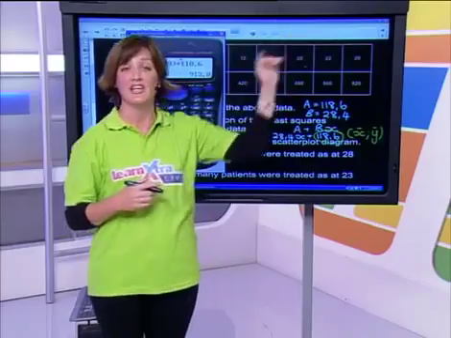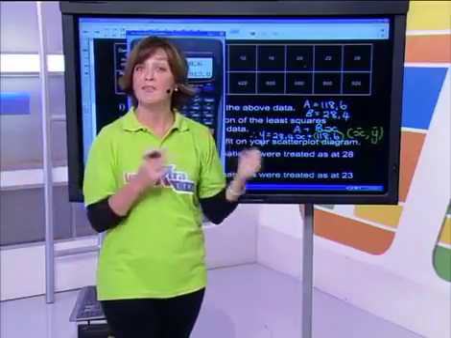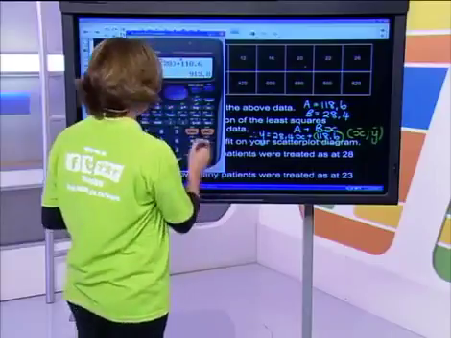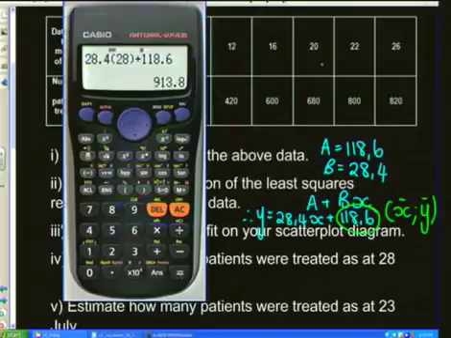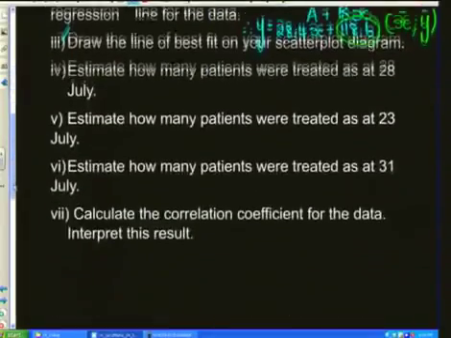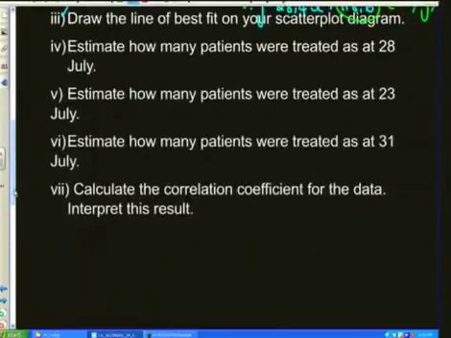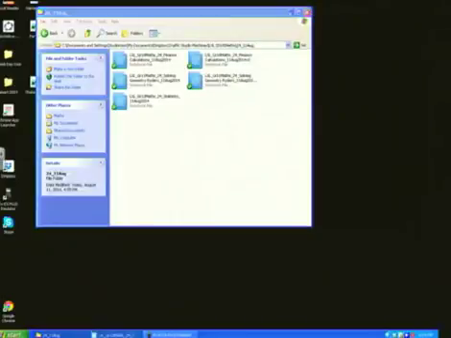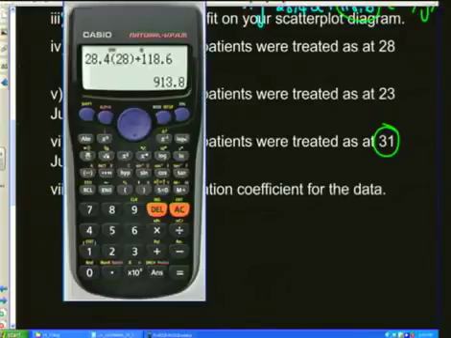As the dates in July are getting further and further on, the number of people who are suffering from flu is getting higher and higher. So there's a positive correlation there. The next date we were looking for was the 31st of July. And I'm sure you guys will agree that by looking at our trend, we're guessing that it's going to be quite a lot more.